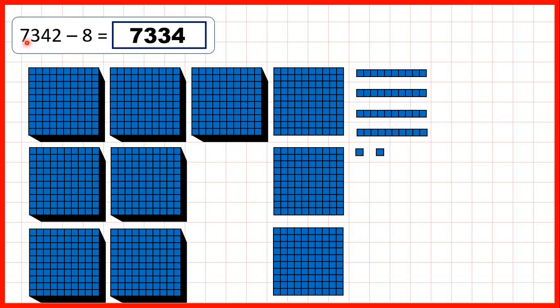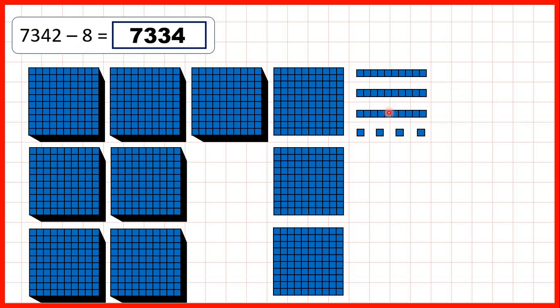So let's take a closer look at these questions. First, we had 7,342, so that's 7,000s, 300s, 4 10s, and 2 1s. To take away 8, we can take away 1, 2, then exchange, then take away 3, 4, 5, 6, 7, 8. So you can see that our tens has changed as well.